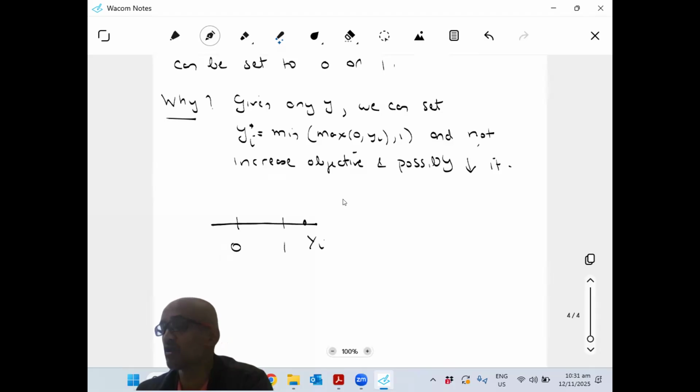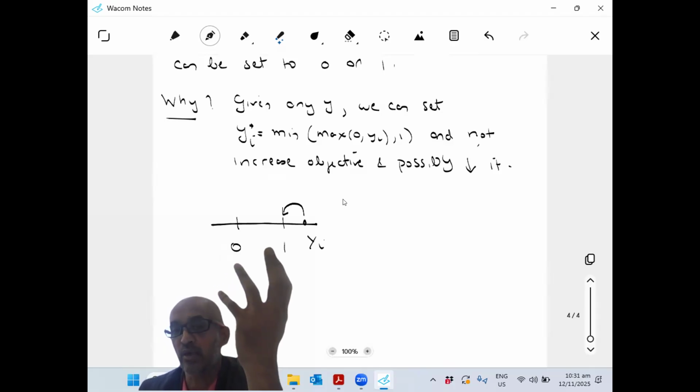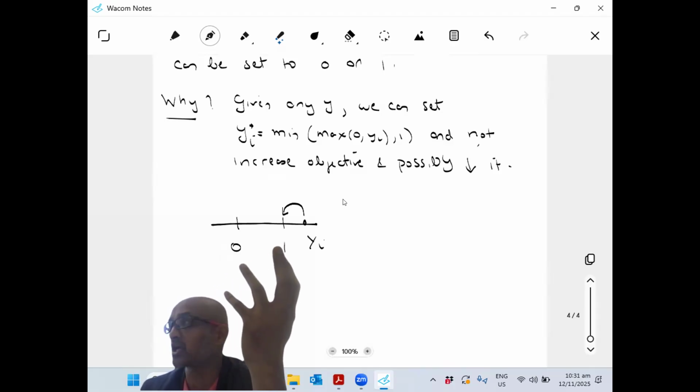What this is doing is moving yi back to 1, because if yi is greater than 1, the max of 0 and something bigger than 1 is that positive number, and I take the minimum of that and 1. So it's moving it back here.